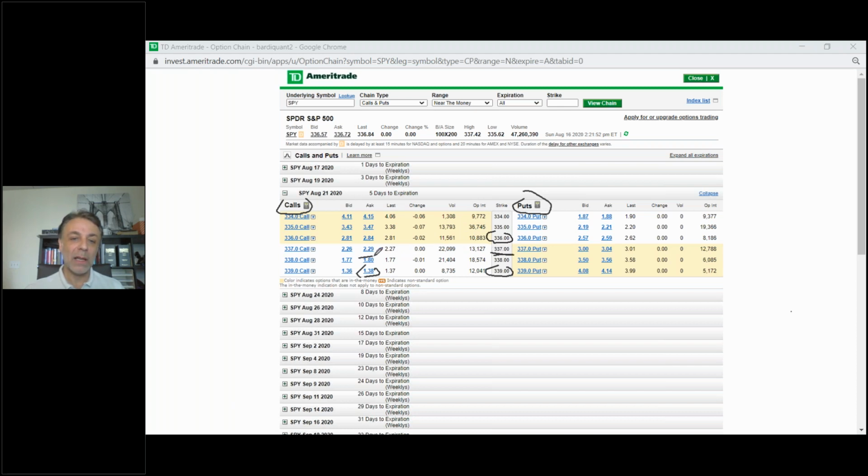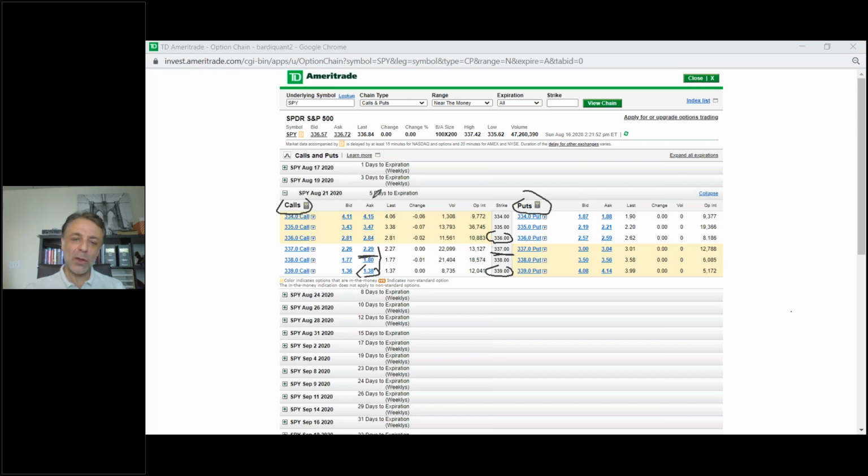That makes sense if you think about it, because it's very possible that the price of that security will go above, for example, 337, and even through 339, and you would make some money right away. So what you pay increases the closer you get to the current price per share of that security.